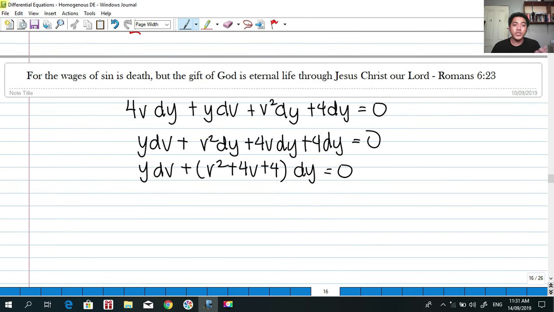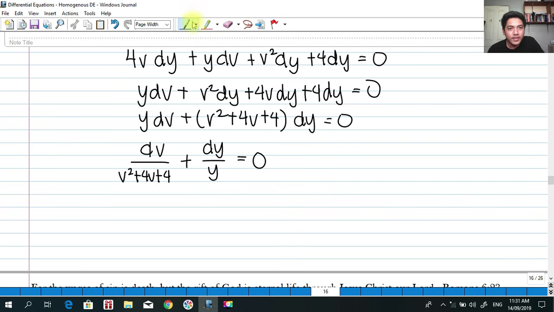Is this variable separable? Yes, variable separable. So if I group all of the terms in v with dv, we have v squared plus 4v plus 4 dv plus dy over y is equal to 0. And the next thing, again, our favorite part, is to integrate both sides of our equation.